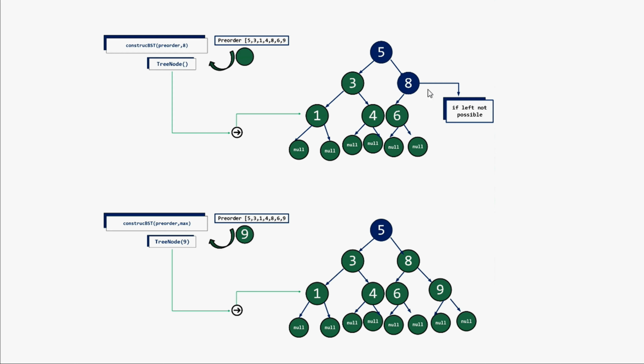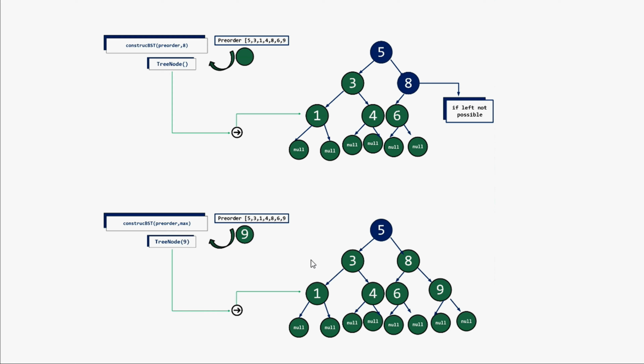Now we will focus on creating the right subtree of node 8. The boundary for right subtree of node 8 is integer max value. It ensures that all elements we can place in right of 8 are greater than 8 but within the range of integer max value. So we call construct binary search tree with next element 9 from preorder array and the boundary is max.